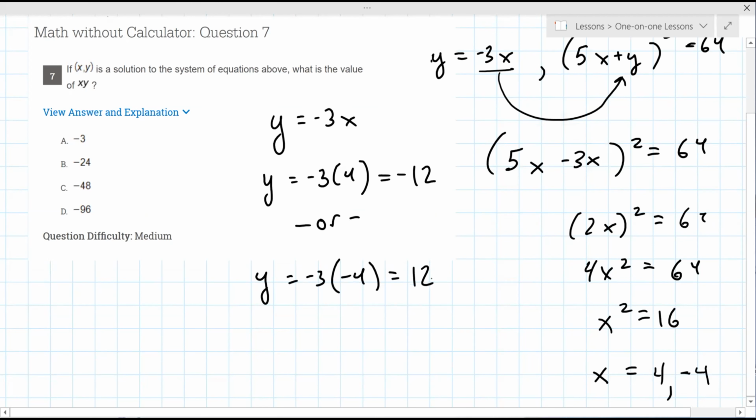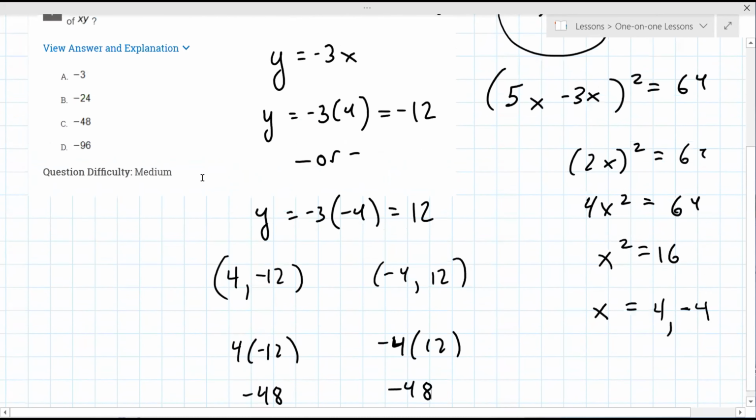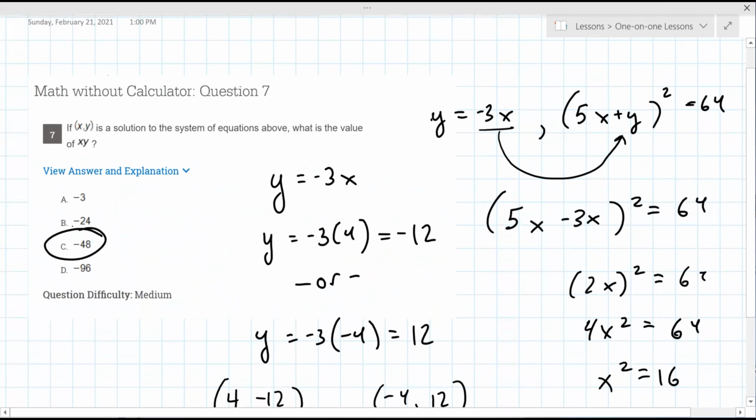So there are a lot of solutions here because we don't know whether it's 4 or negative 4. It's 4 comma negative 12, or it's negative 4 comma 12. In either case, what do these multiply to become? Negative 48.